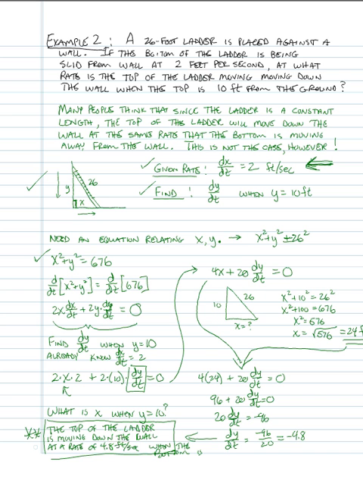Actually, I wasn't finished with example 2 because I wanted to point out once again that we had to use this equation right here in more than one way, didn't we? This x squared plus y squared is equal to 26 squared. We actually used it again here. We used it at this stage right here to find the relationship between the rates.